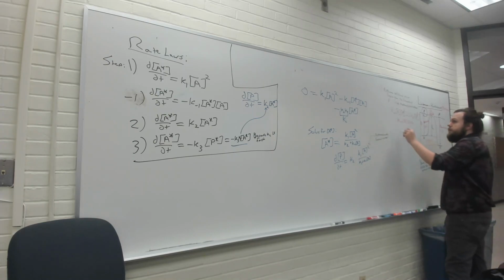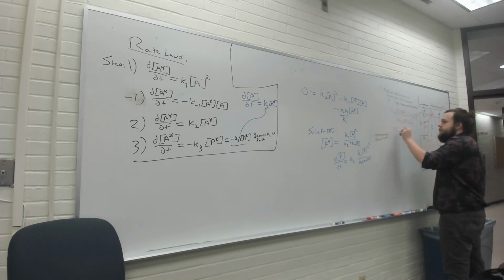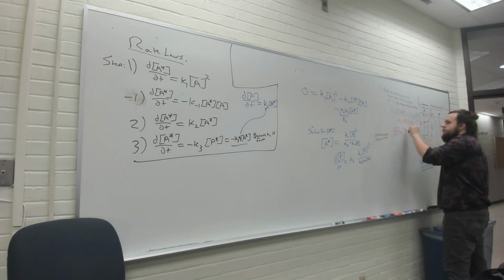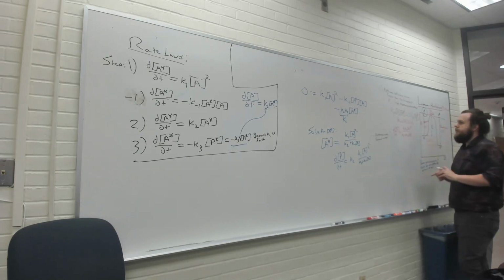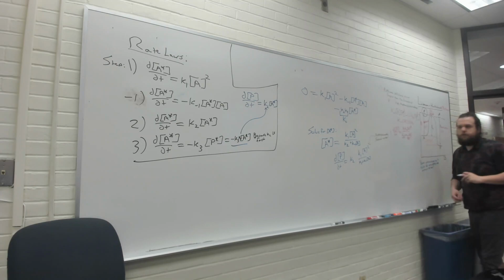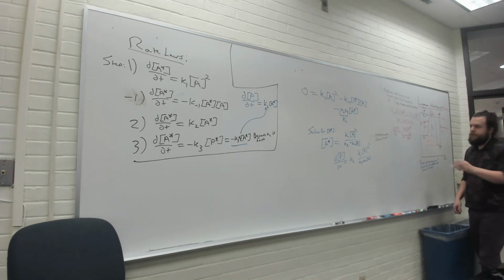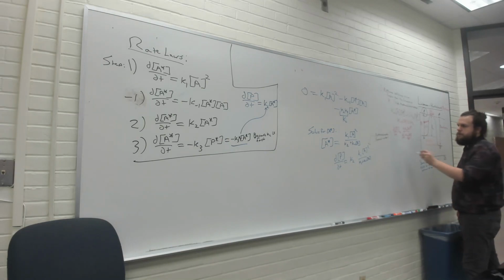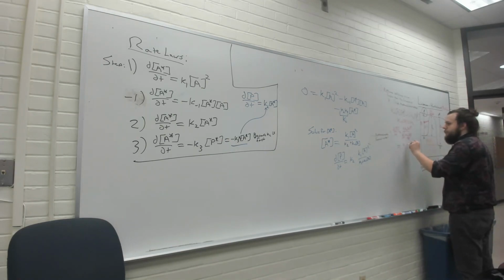So dP/dt is equal to k_1 k_2 A squared over k_2 plus k_-1 A. And this term is really big, and this term is really small, comparatively. So we can neglect it. And what we're left with is k_1 times k_2 over k_-1.